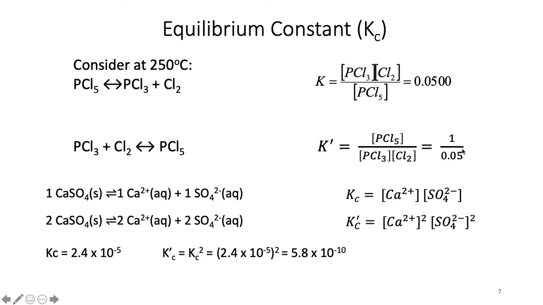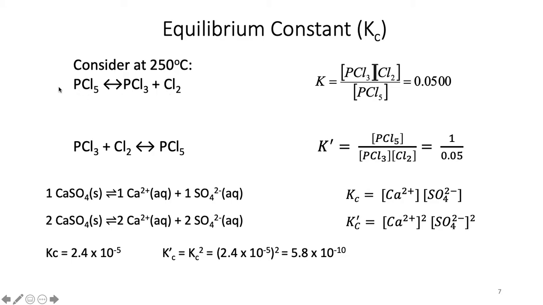Now here's an interesting thing that we can do mathematically with the equilibrium constant. Let's look at this particular reaction. If I have PCl5 breaking down to give me PCl3 plus Cl2 at a certain temperature, here's my equilibrium constant for this reaction.